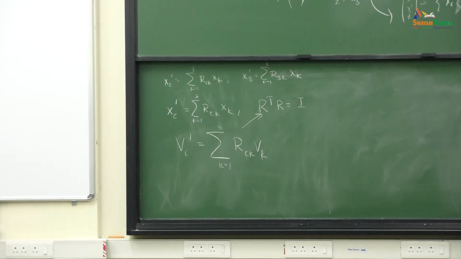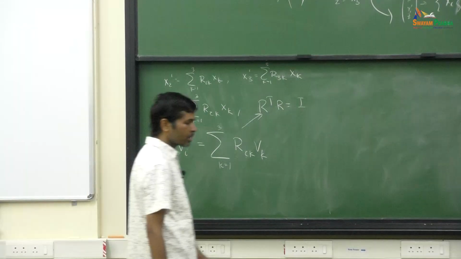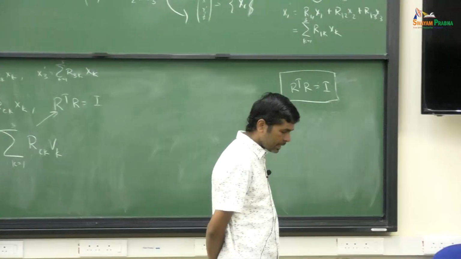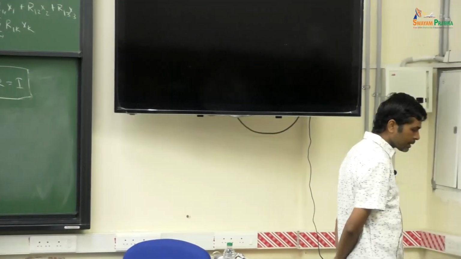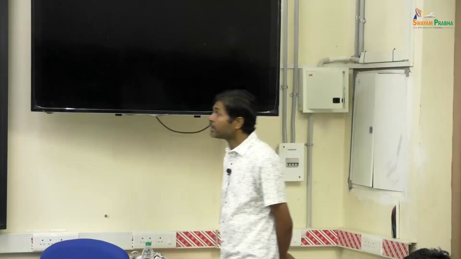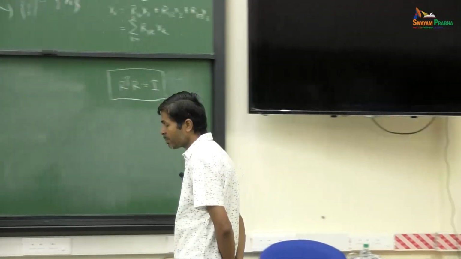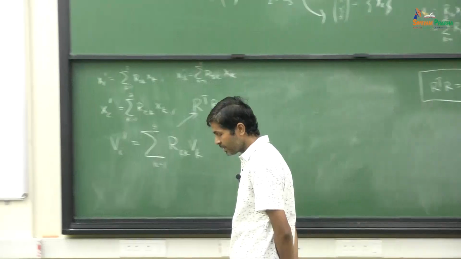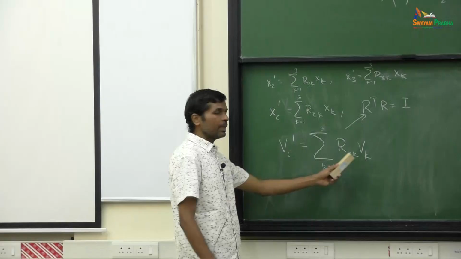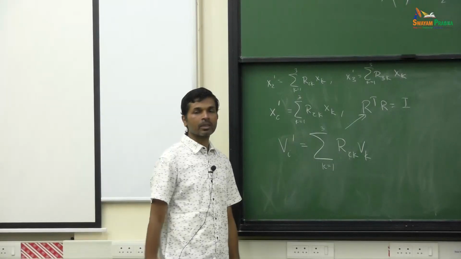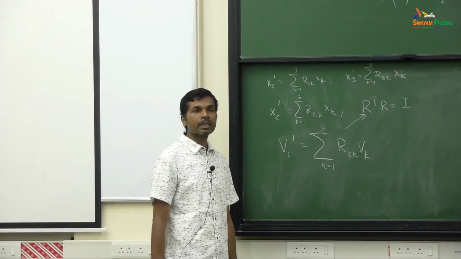Now what I will do is turn it around. Instead of calling something with a direction and a magnitude a vector, I will say, suppose I have a collection of 3 quantities, and if these 3 quantities transform this way under rotation, then these are vectors.